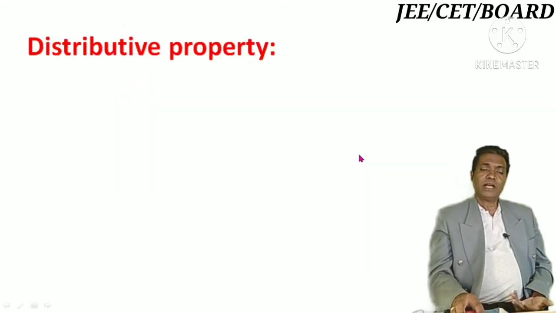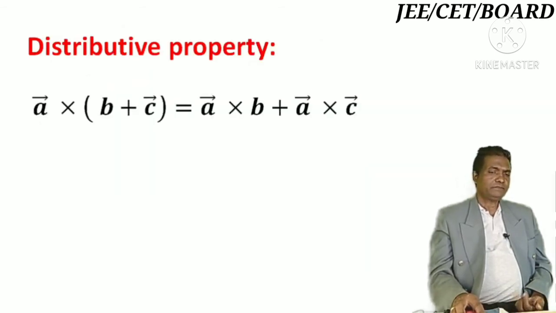Okay, now we'll have one distributive property, how the cross product is distributed. So here A cross of B plus C. So the cross product is distributed over the addition.